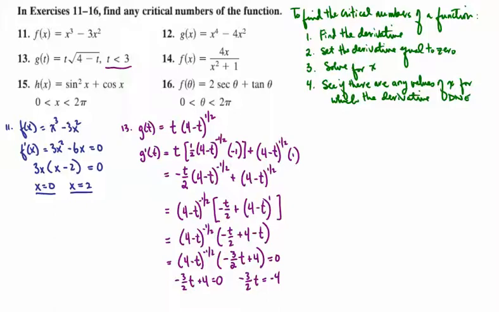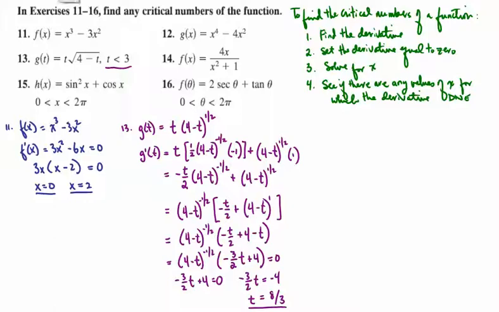If I were to multiply both sides by negative 2/3, I get t is equal to 8/3. And that would be my only critical value for number 13. Now, as I said, there is a place where the derivative doesn't exist at t equals 4, but that's a separate issue there.